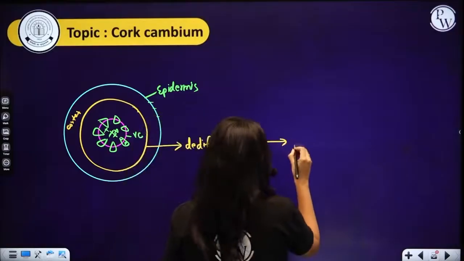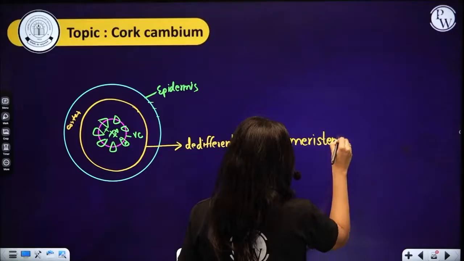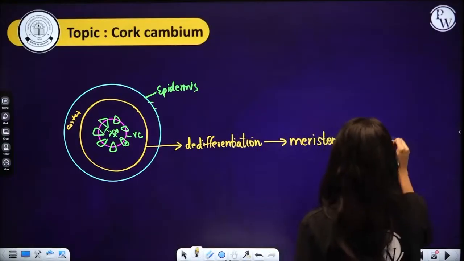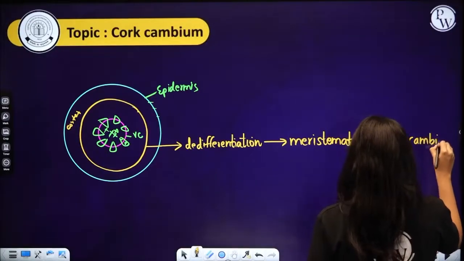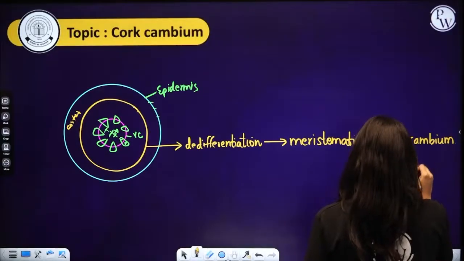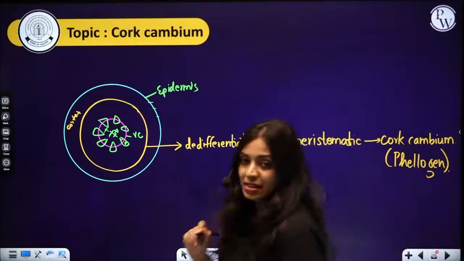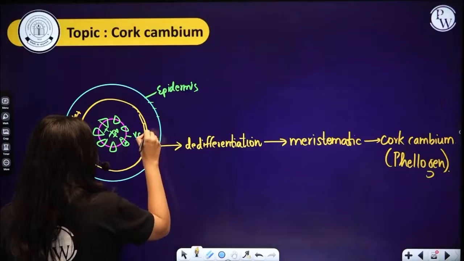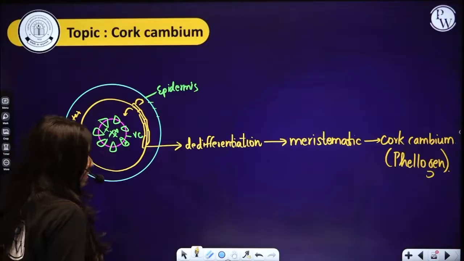It will become meristematic again, and form the cork cambium. The cork cambium has another name, which is called phellogen. Similar to the vascular cambium, the cells in the cork cambium will also undergo cell division and cut off cells towards the inside and outside.